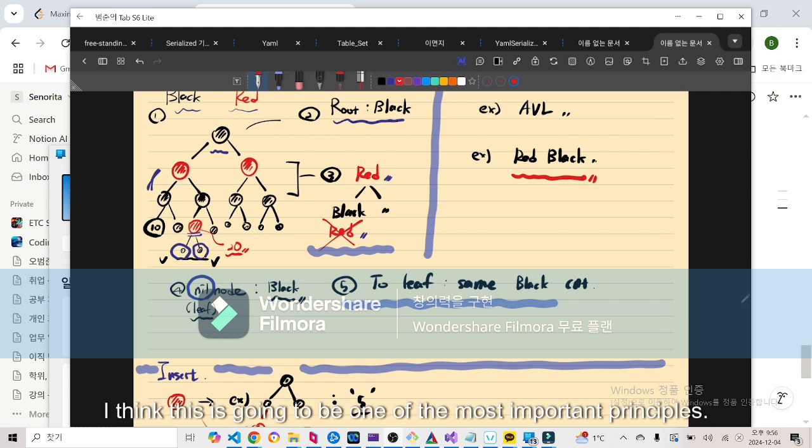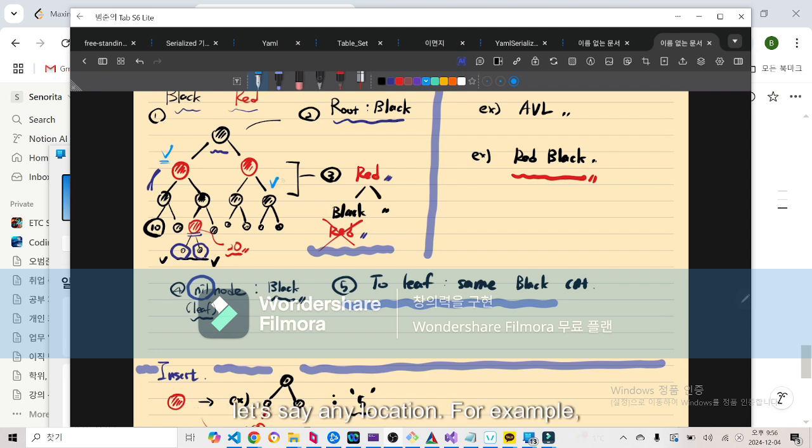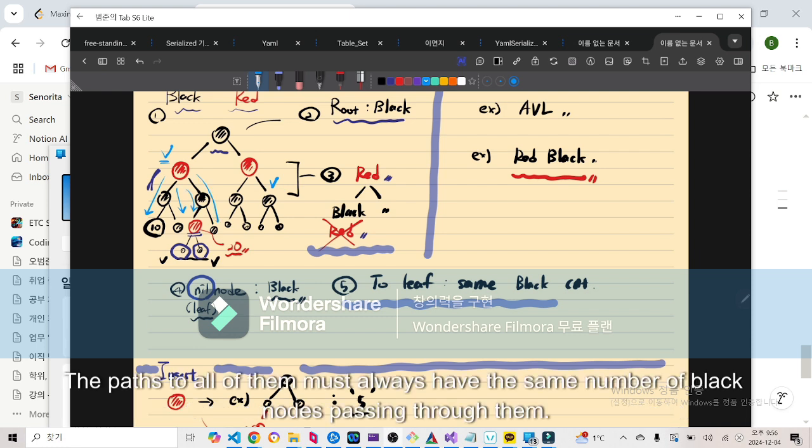Now, I think this is going to be one of the most important principles. On this red-black tree, at any random location, whether you start here or start here, the paths to every leaf node that you can reach from there must always have the same number of black nodes passing through them.